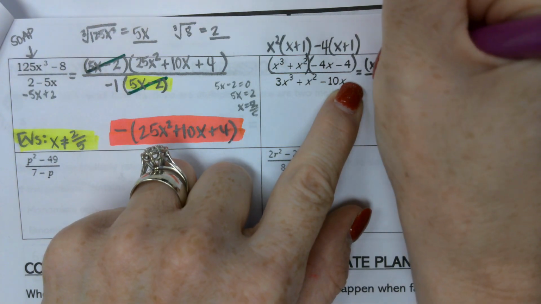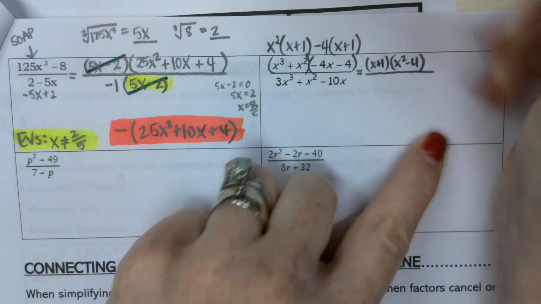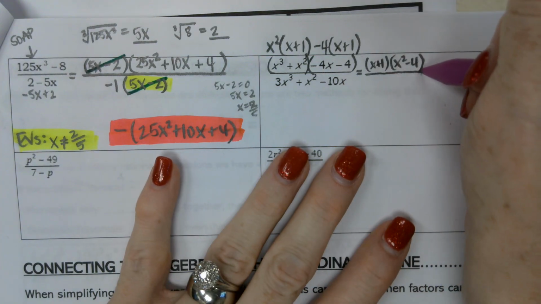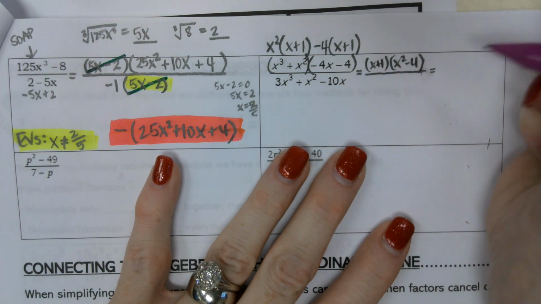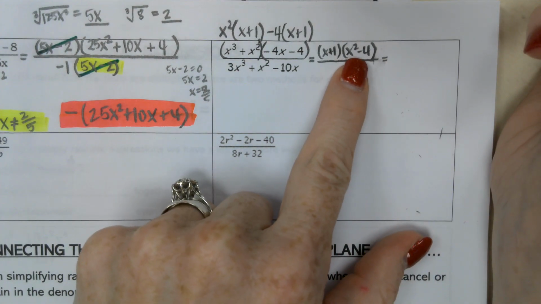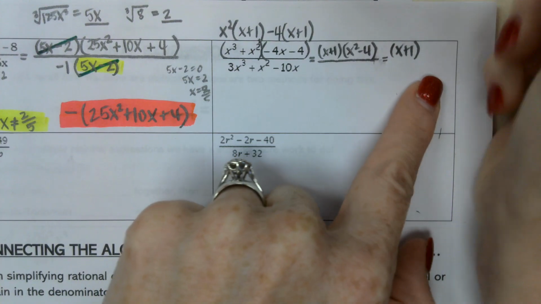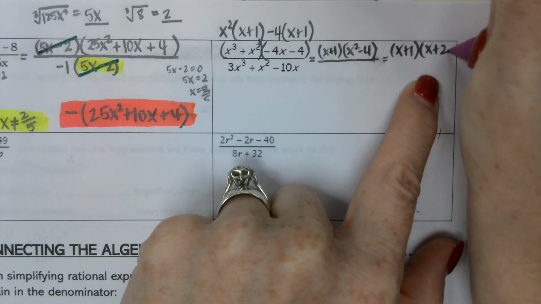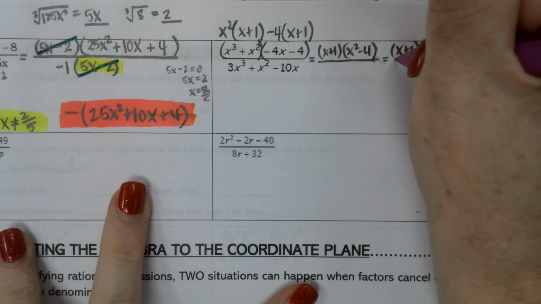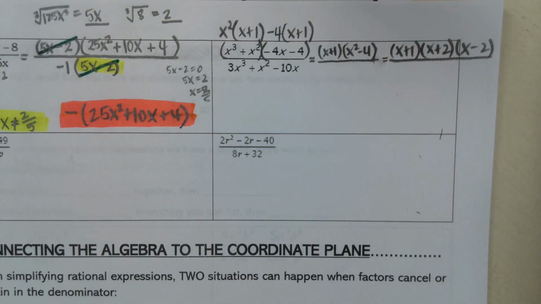So I have x plus 1 times x squared minus 4. Am I done with the numerator? No. Why? It's a difference of squares. So this is going to be x plus 1, x plus 2, x minus 2. Now that numerator is done. There is absolutely nothing else left to do there.